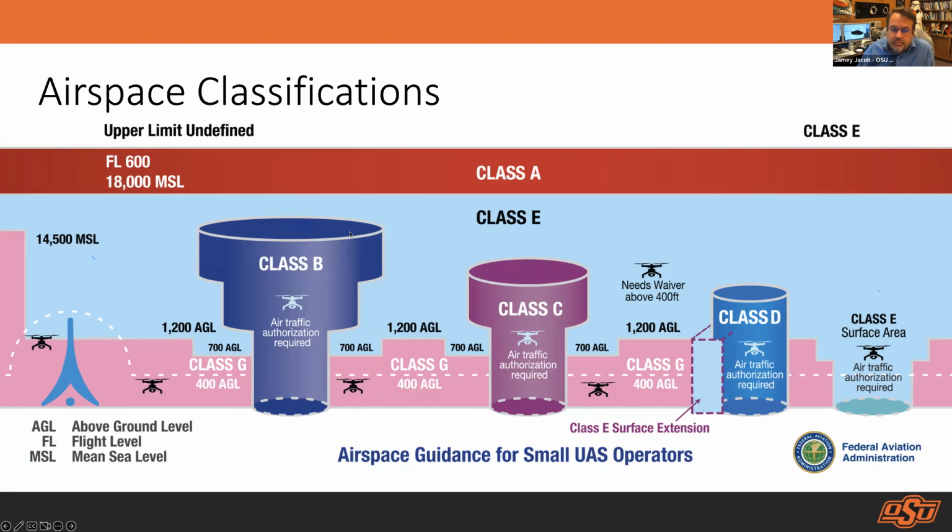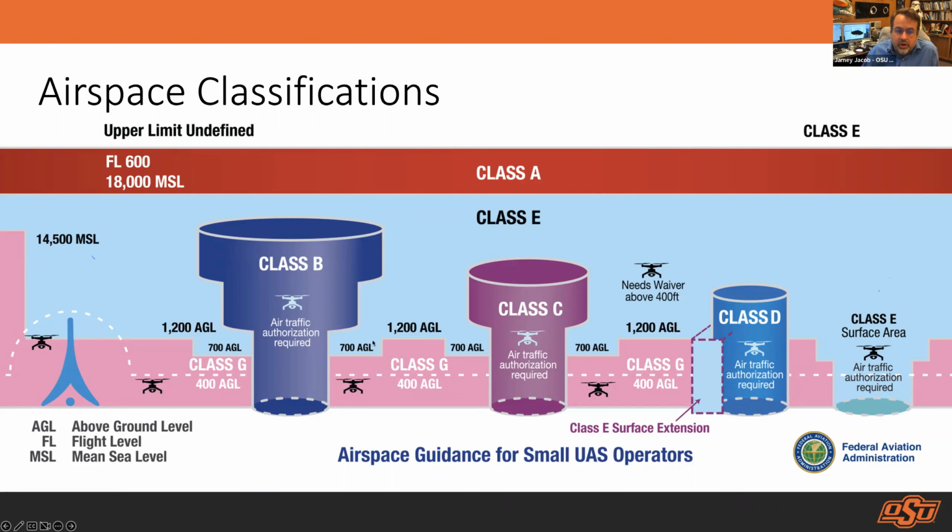Then you have Class B, C, and D airspace, which are large, mid-size, and regional airports, respectively. I mentioned earlier, Class B is similar to Dallas-Fort Worth. Class C would be Tulsa or Oklahoma City, Will Rogers, Tulsa International Airport, and Class D would be Stillwater, when the tower is operating, and Class E when the tower is not operating.